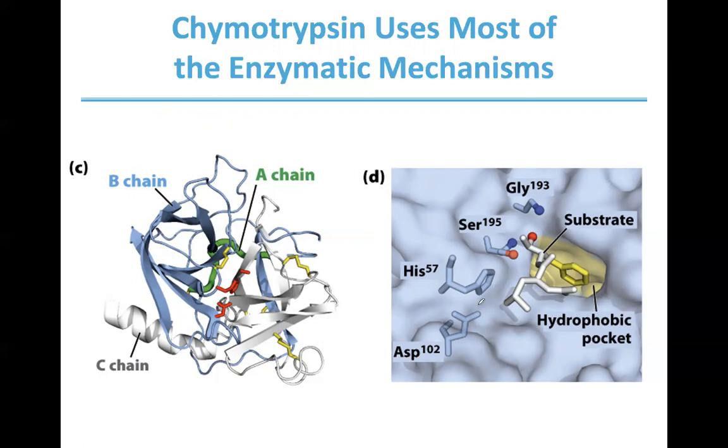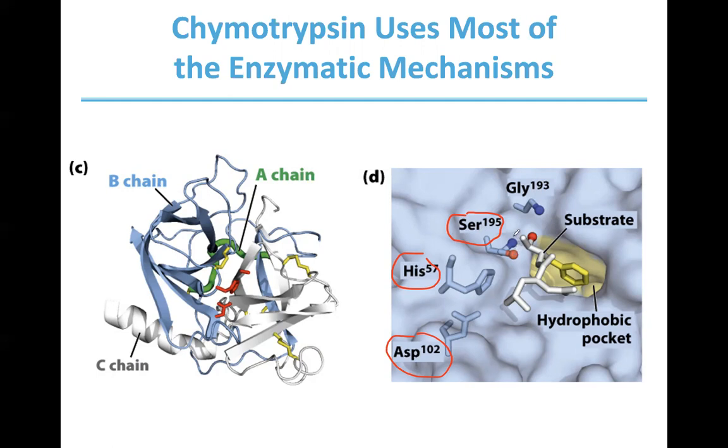What's important for us is this catalytic triad, consisting of aspartate, histidine, and serine. We will see this mechanism on the next couple of slides. This is a very common arrangement of amino acids in proteases, where you have aspartate, followed by histidine, followed by serine, which, as we will see, increases the nucleophilic power of serine.